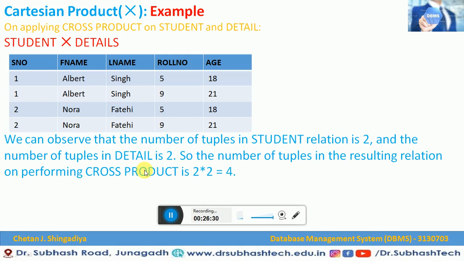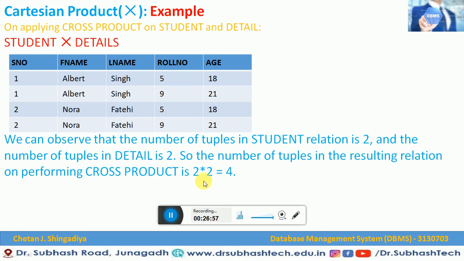So whenever we have any two relations, if anyone asks how many tuples there are when we do the Cartesian product, we just count the total number of rows in relation 1 and multiply it with the total number of rows in relation 2.